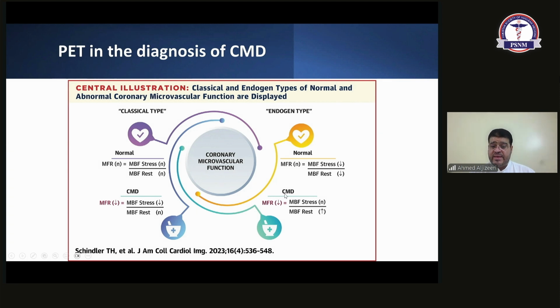And then we have the coronary microvascular dysfunction of the indigent type, in which the rest flow is very high. And those, as I said, are the patients with high blood pressure, anxiety, and obesity. And probably because of their increased blood flow response and metabolic milieu, they have worse outcome.